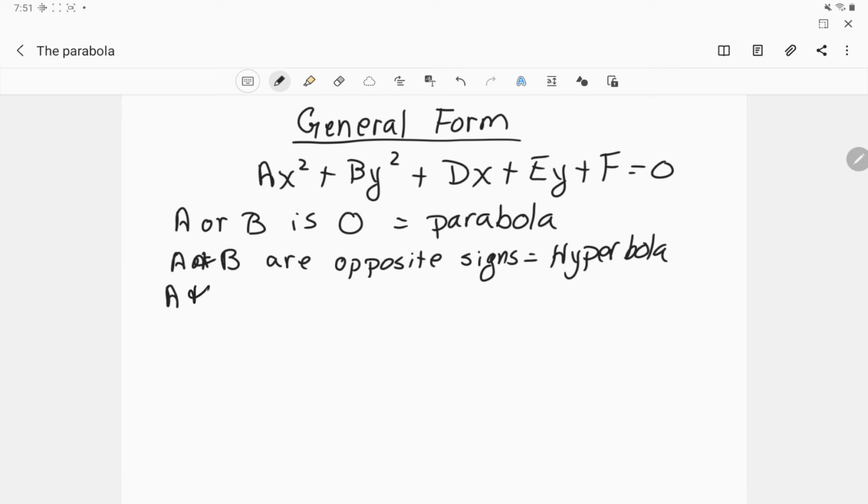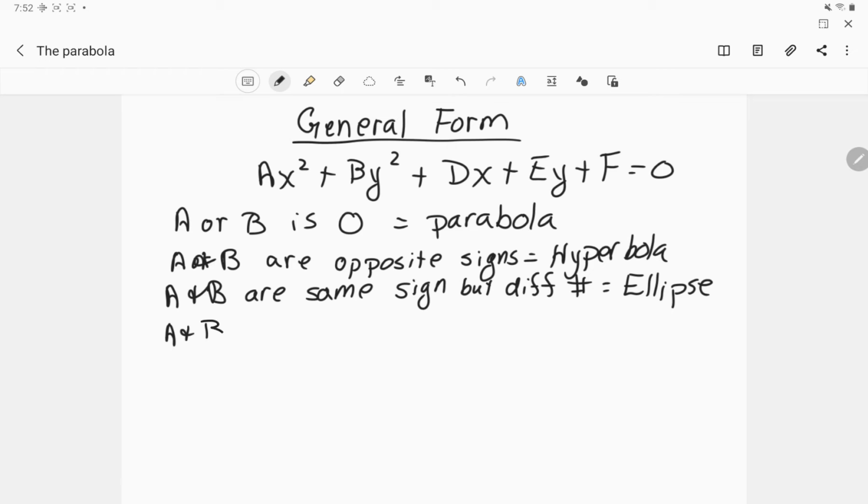If A and B are the same sign, but different numbers, then you have an ellipse. And if A and B are both 1, then that's a circle.